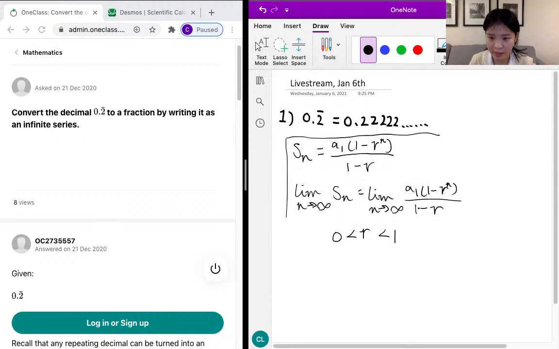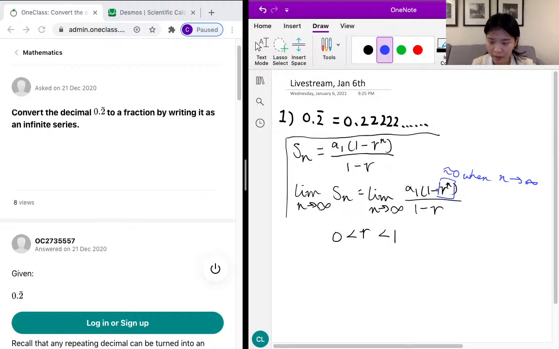So this term is approximately 0 when n tends to infinity.